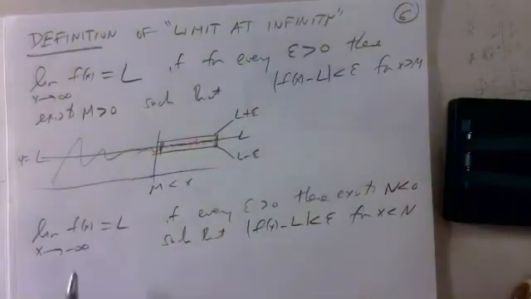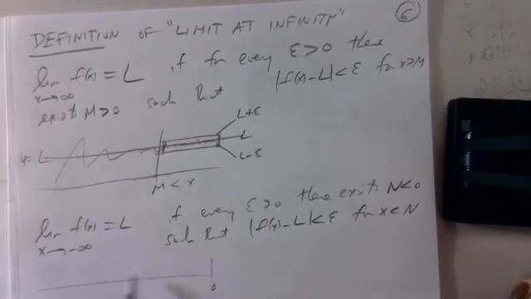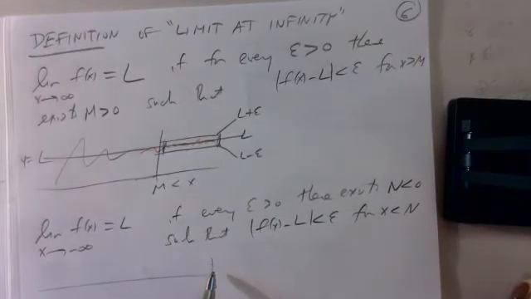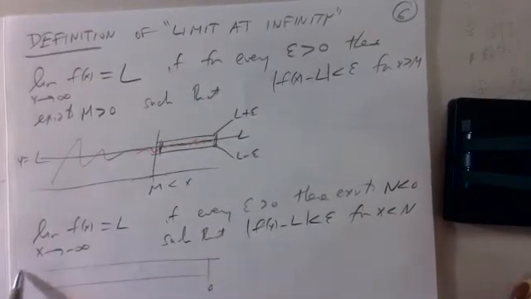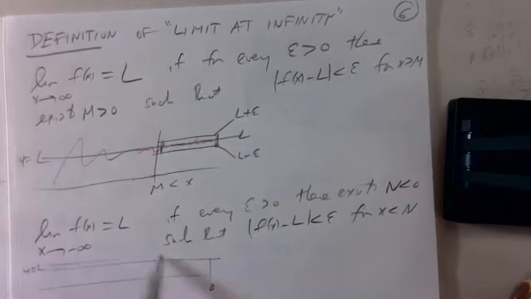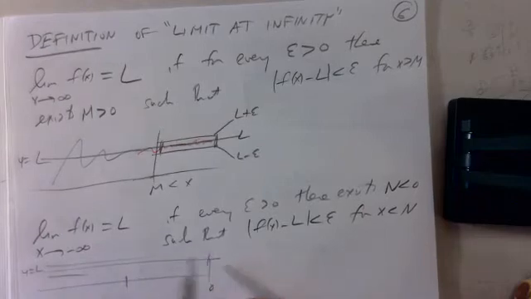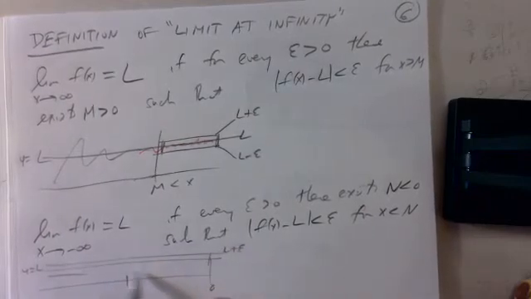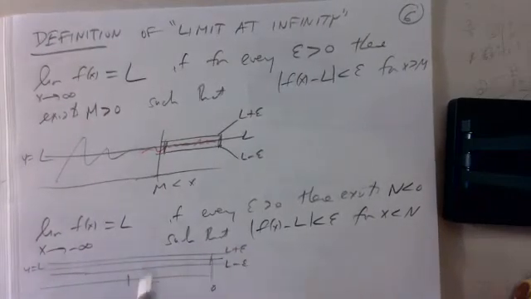In other words, this is y equals L, and then you have this little strip around it, L plus epsilon, L minus epsilon.